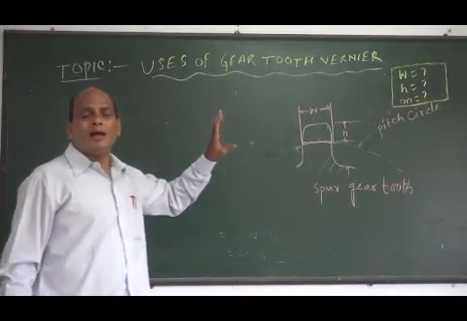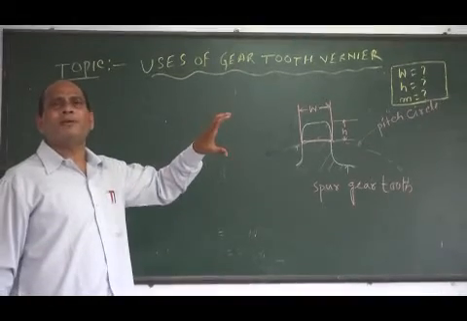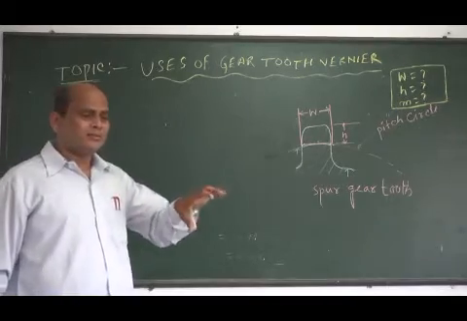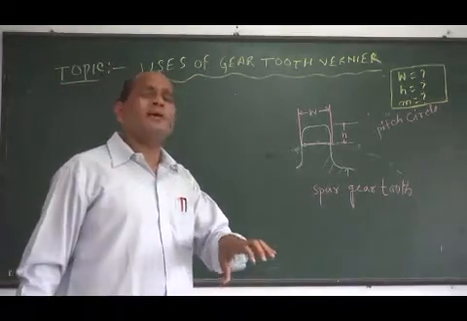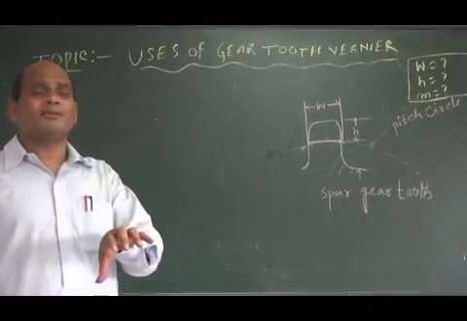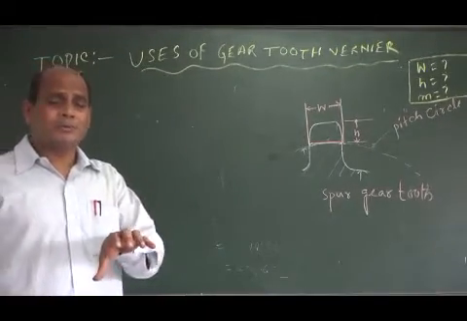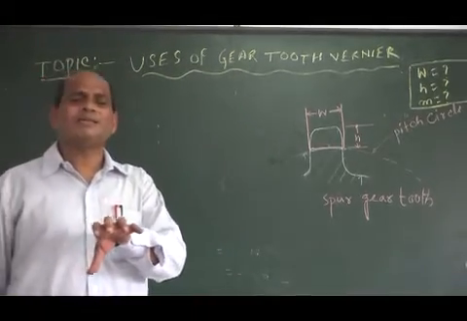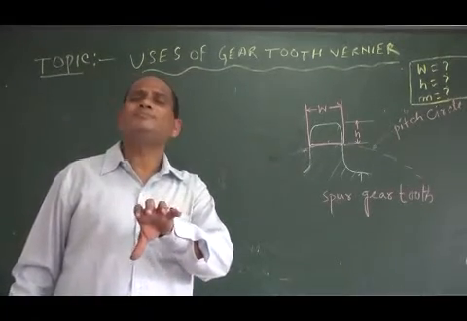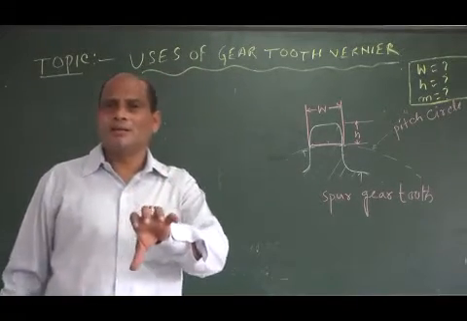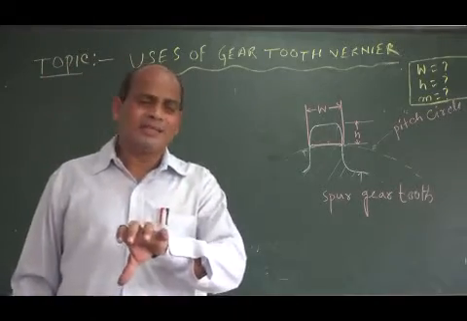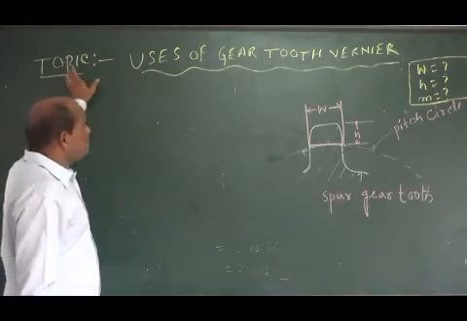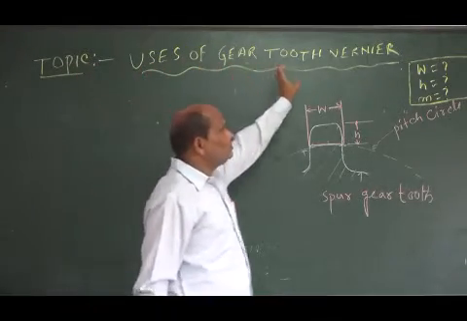That means how the different parameters of a gear tooth can be measured, and after measuring the parameters, whether the gear tooth is actually able to be designed or not, that means whether it can be used in specific machines or not, can be decided. So this topic, uses of gear tooth vernier, is very important.